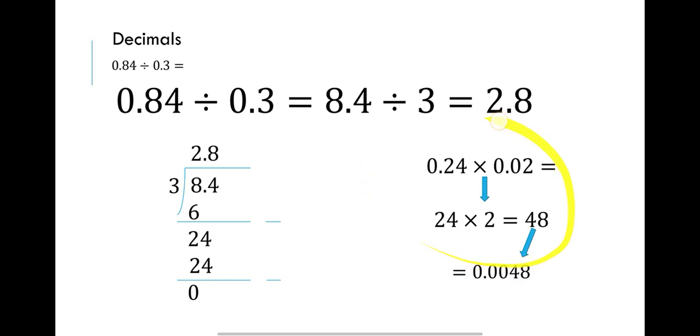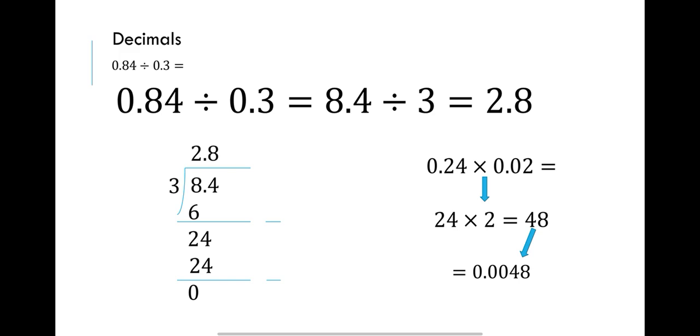And as for the multiplication, the trick here is you just multiply the whole numbers. So you have 0.24 times 0.02 here, you just multiply the 24 with 2. And you get 48. The moment you get 48, you put back the dot.